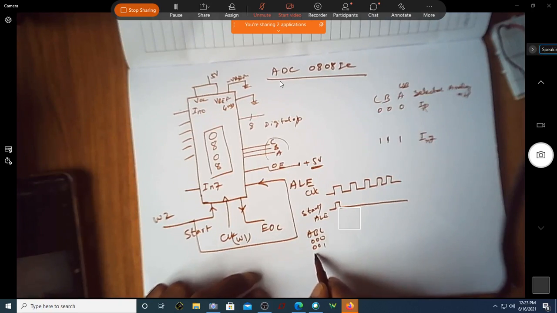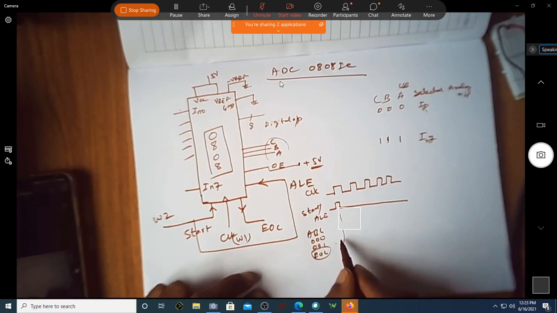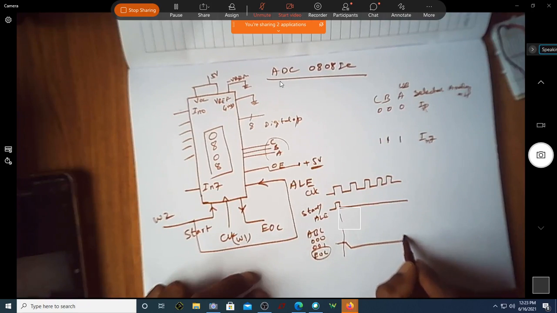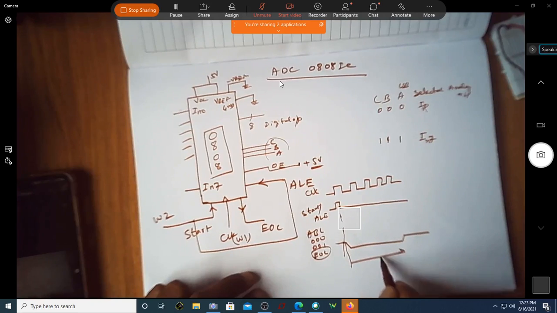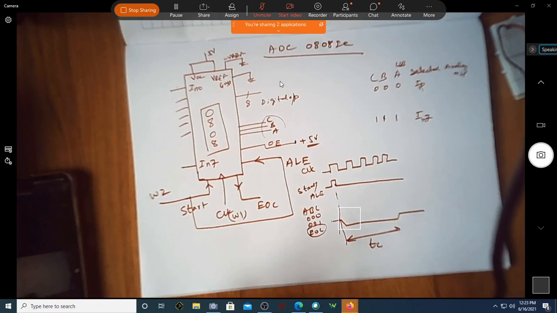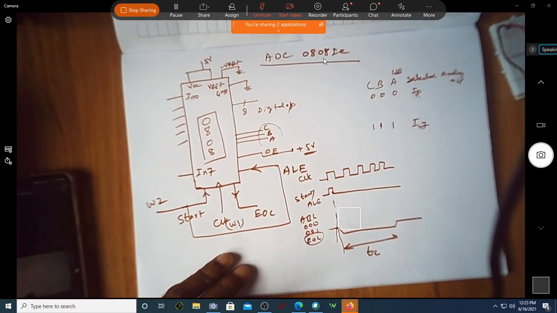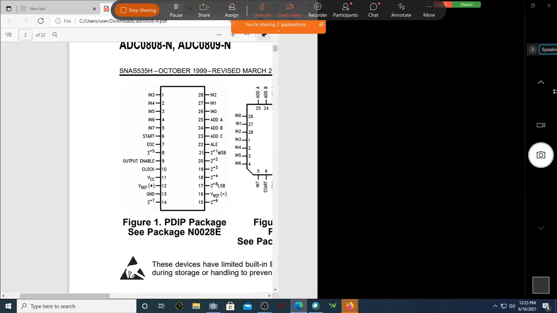And then I have the EOC signal. Whenever your start signal goes low, this EOC will go down and then it again becomes high. So from here to here is your conversion time. Correct? That's what we saw yesterday. Is this the thing we saw yesterday?